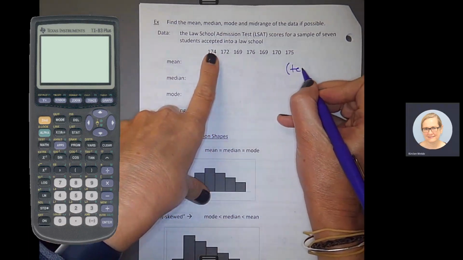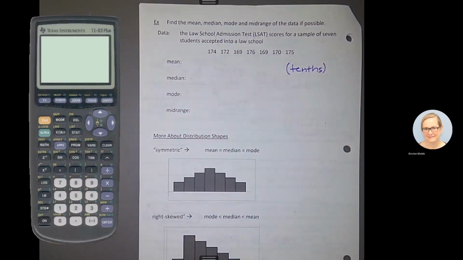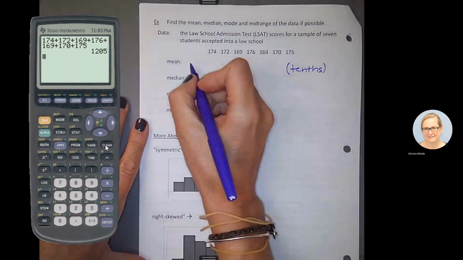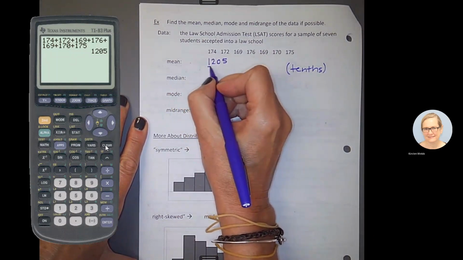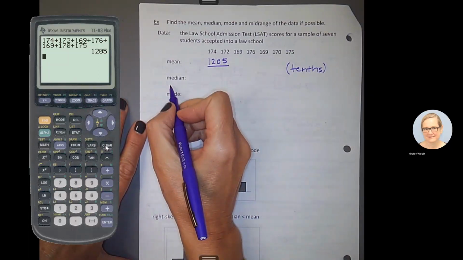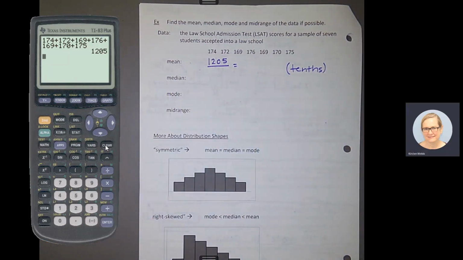We start with whole numbers, so let's round to tenths. So for the mean, hopefully you started by adding everything together.